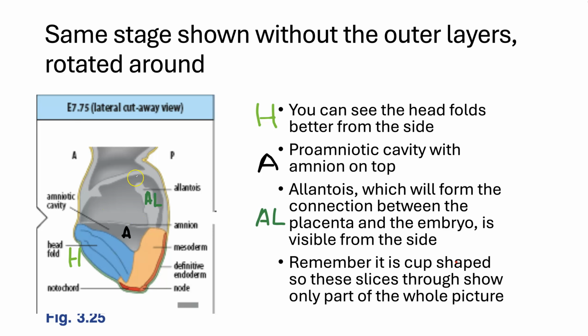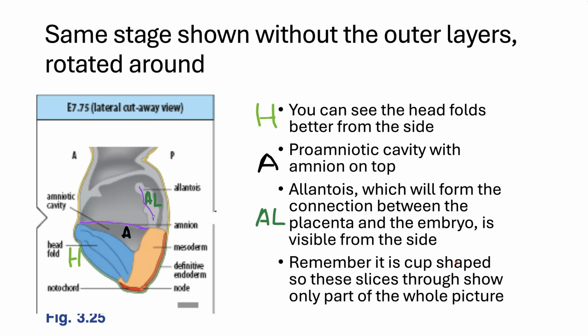The amniotic cavity is shown here, and you can see it, and the amnion, the membrane that encloses it. Eventually, this cavity is going to have to surround the whole embryo, so some rearrangement will be required. And then there's a process here called the allantois.